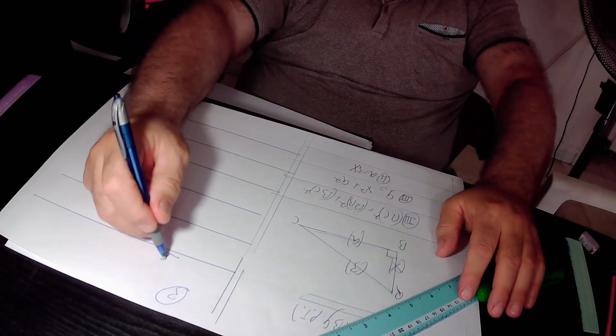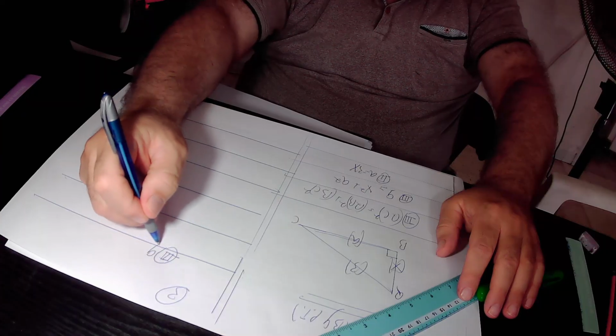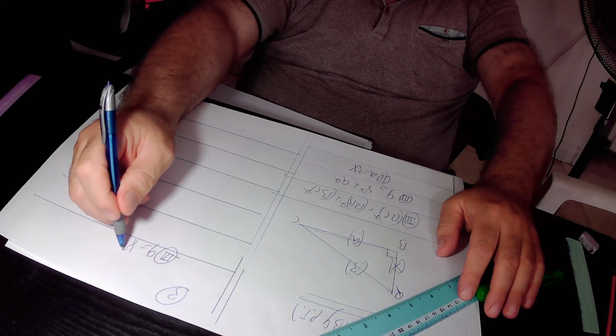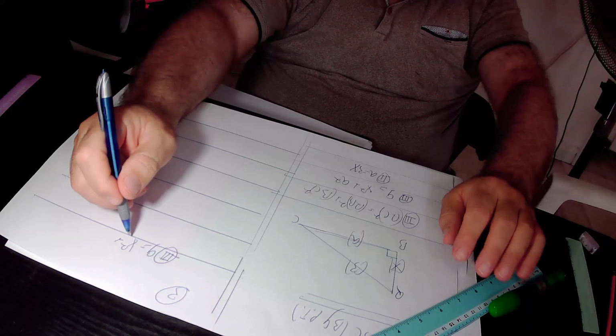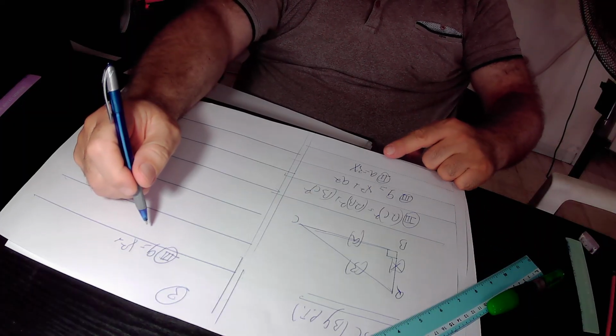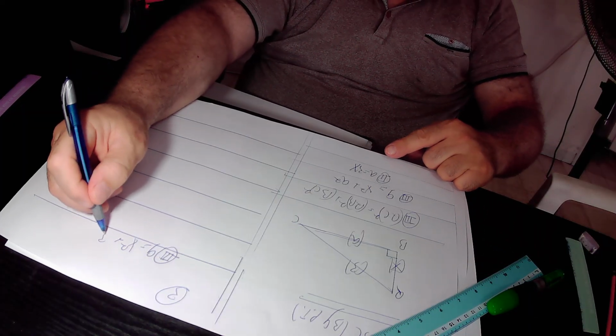According to equation 3, 9 equals x squared plus a squared, and a squared according to equation 2 is 3x squared.